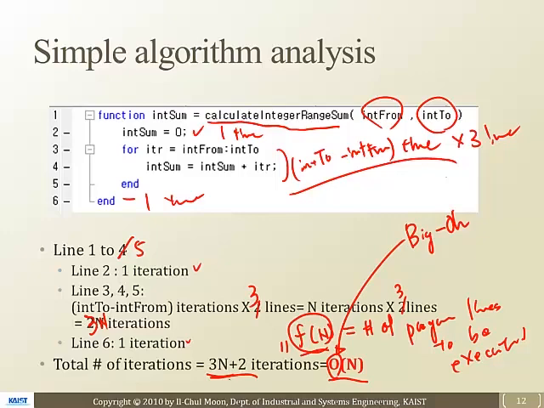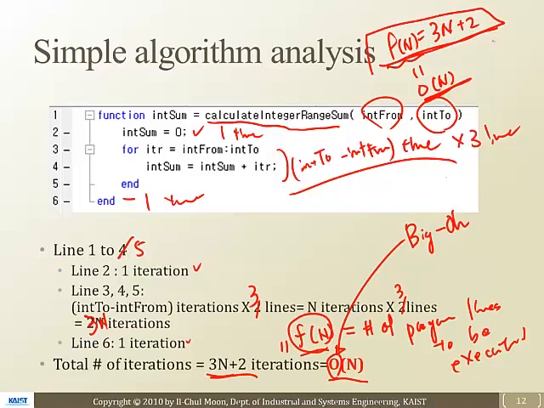This 3n plus 2 equals f(n), a function of the iterations given an input size, and this f(n) is going to be equal to order of n. For this part, I think we understand it, right? This part you might be puzzled by, and this is what we are going to cover in the next couple of slides.